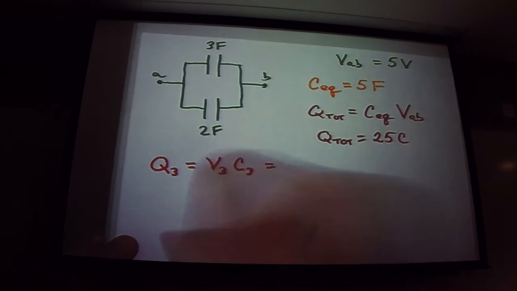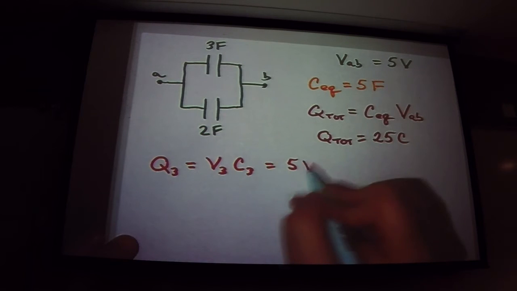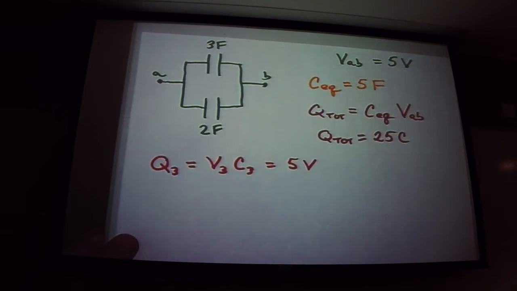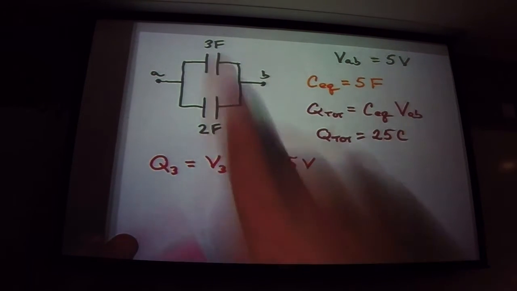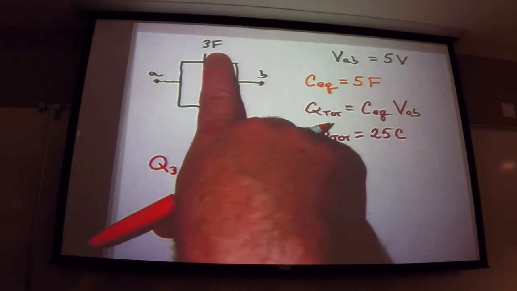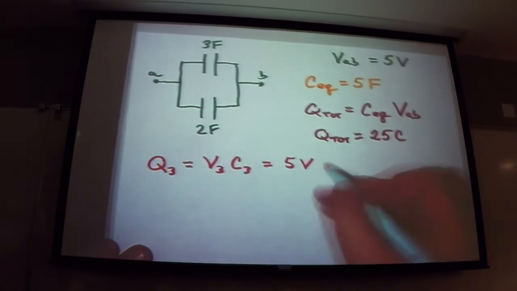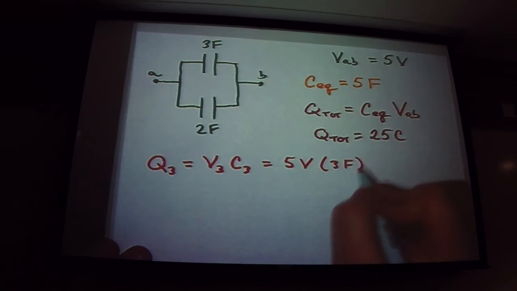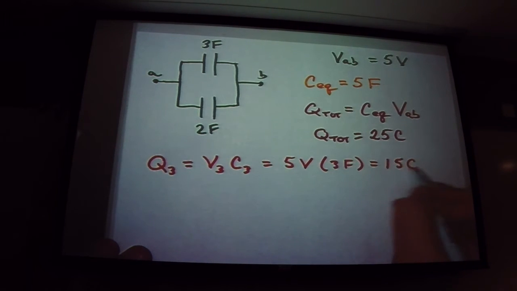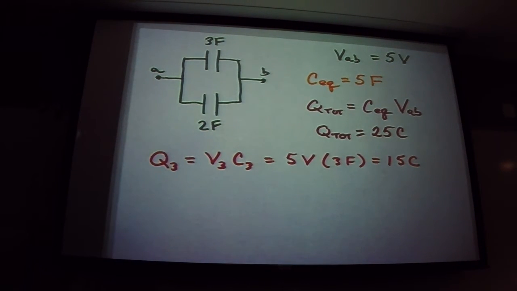The voltage across the 3 farad capacitor is 5 volts because it's equal to the voltage across the whole thing. The capacitance is 3. So there are 15 coulombs on the 3 farad capacitor.